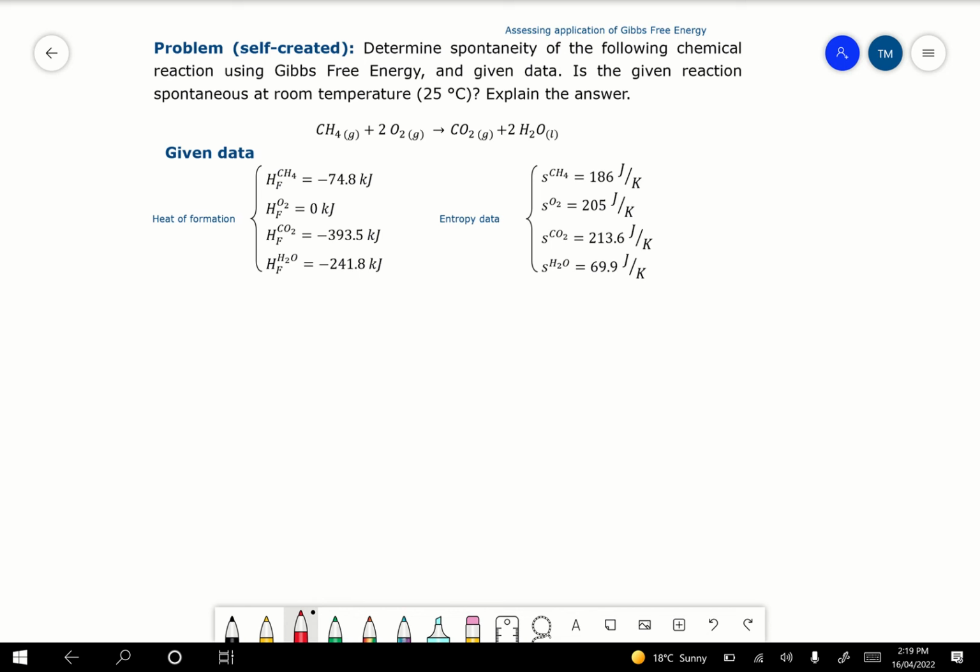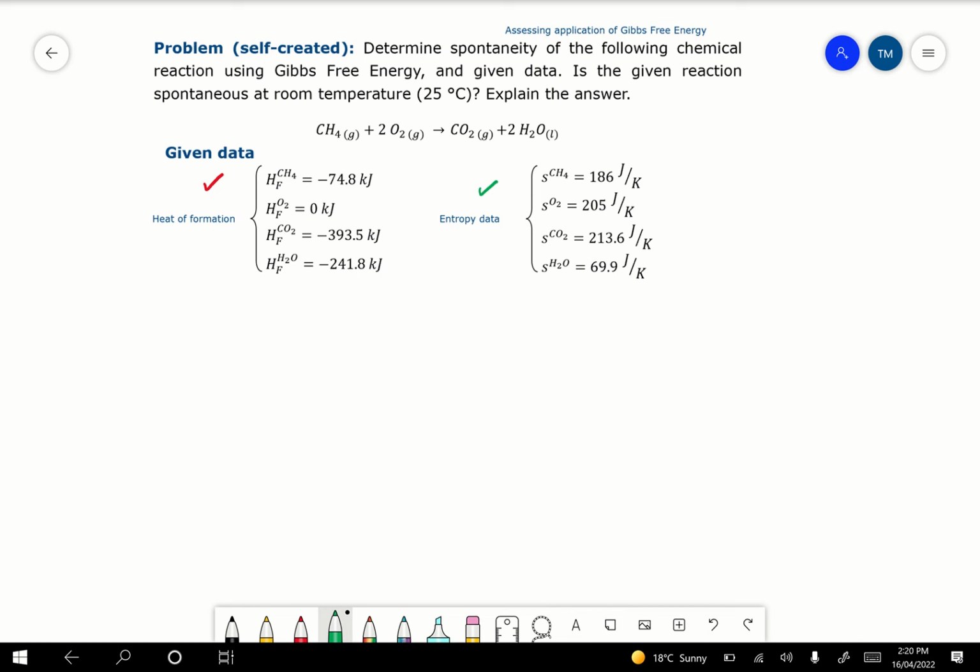So we have heat of formation data at 25 degrees Celsius, which is given here for all the reactants and products. And then we have entropy data for all the reactants and products as well.